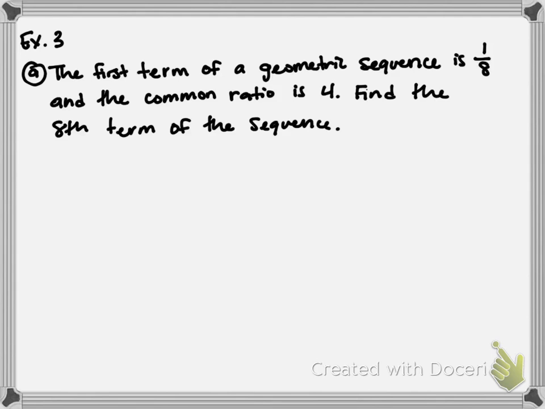Alright, so if we look at example 3a, the first term of a geometric sequence is 1/8, and the common ratio is 4. Can you find the 8th term of the sequence? So if we use the formula from the last page, a times r to the n minus 1, I want to find the 8th term. So the value of the 8th term is, lowercase a stands for the first term.